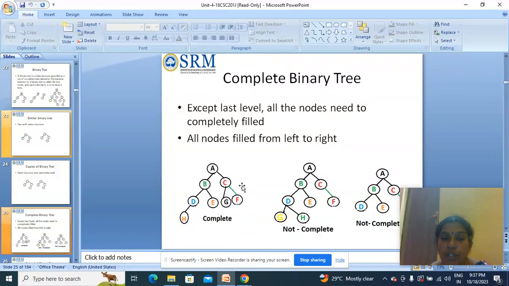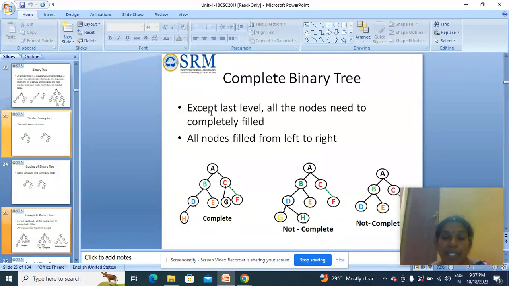We have to fill the tree from left to right completely, except at the bottom level. In this example, the levels of the tree are level zero, first level, second level, and third level. The third level is the last level. The only exception is the bottom level, and the remaining levels should be completely filled from left to right. That is called a complete binary tree.